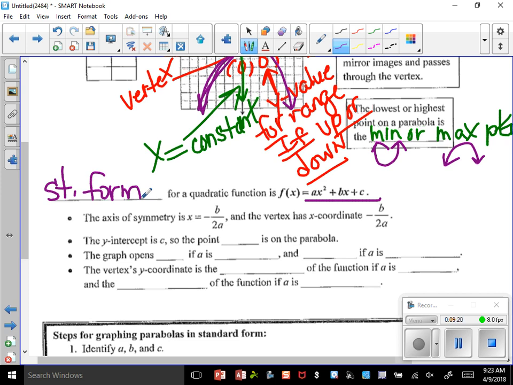You have your squared term, your x term, and then your constant. Now, you might not have all three, but you have to have the first one in order for it to be a quadratic, because it has to be a square. It can't be a cube, can't be to the fourth power, it can only be to the second power. That's what we call a quadratic function.